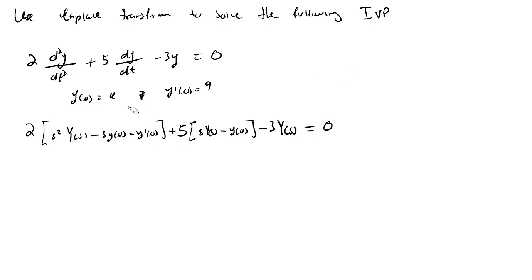First thing first, take the Laplace on both sides. After taking the Laplace on both sides, do some substitution. We have s squared y of s minus s y of 0. What is y of 0?